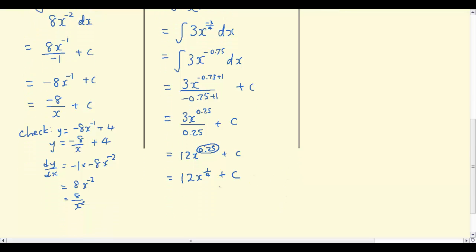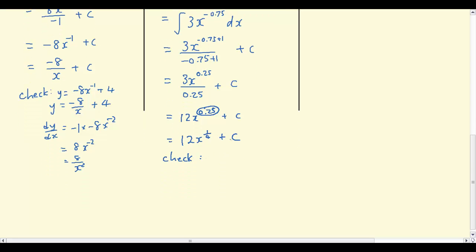And if you want to check that this will differentiate back into your derivative, we do a little check to make sure we have done the integration correctly.